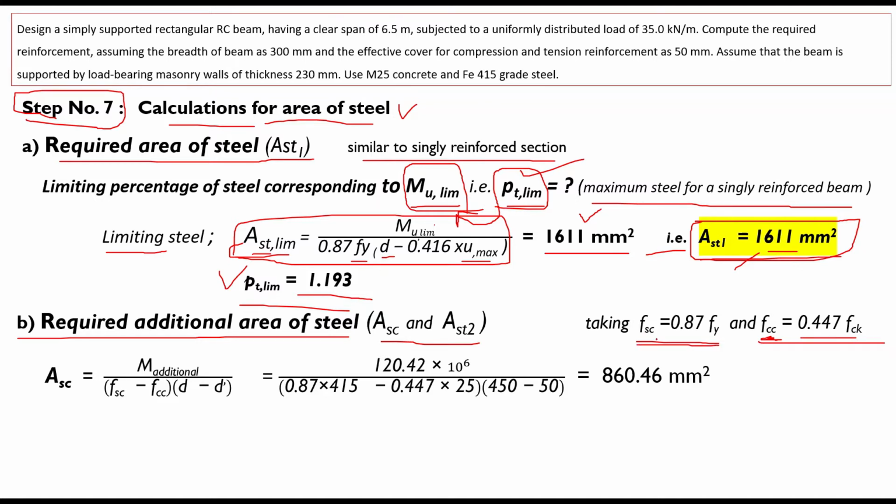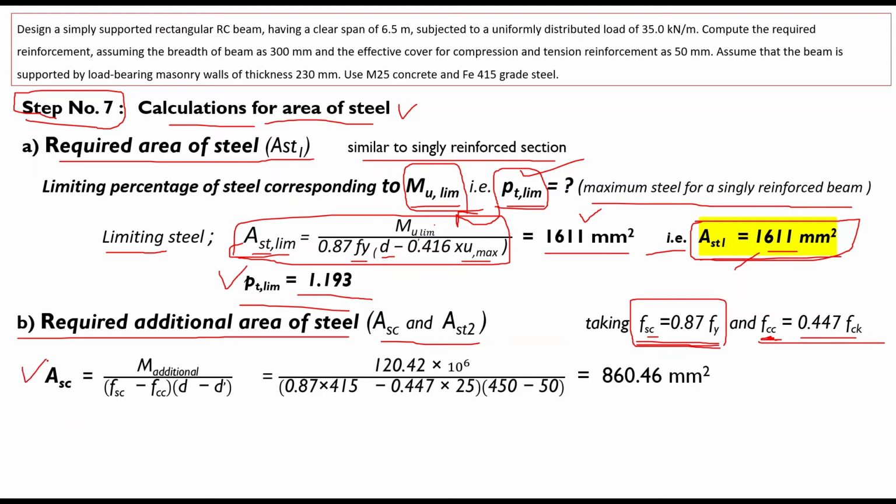FSC is the force in steel in compression, that is 0.87 Fy, and FCC means the force in the concrete which you have removed to provide the steel, that is 0.447 FCK.